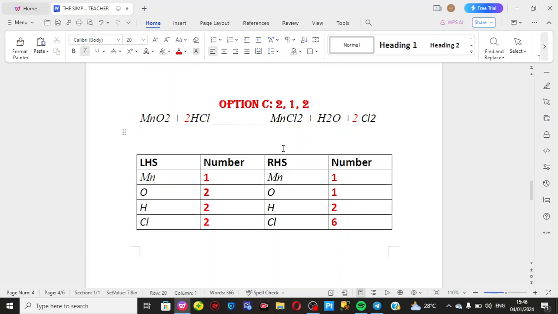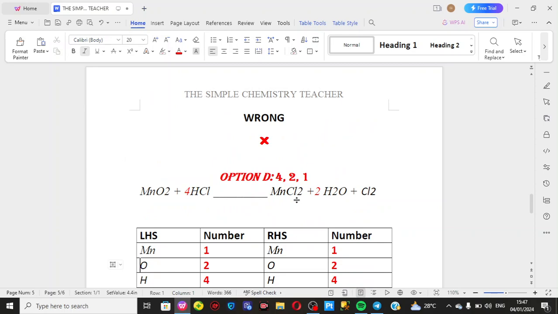Then at the right hand side, we have 2 molecules of chlorine molecule, of which that 2 in front of the chlorine molecule multiplies the 2 to give us 4, plus the 2 after the chlorine, like the subscript there. So that 2 plus 4 will give us 6. That's how we got 6 chlorine atoms. So from this, you can see that this option is not the right option.